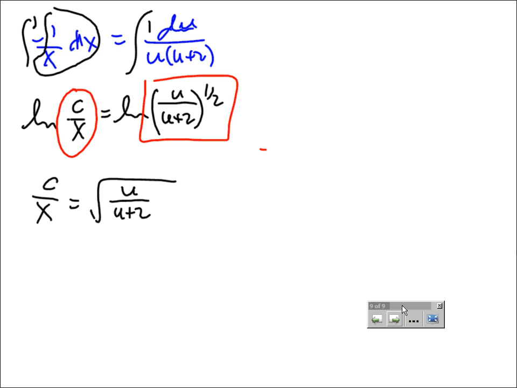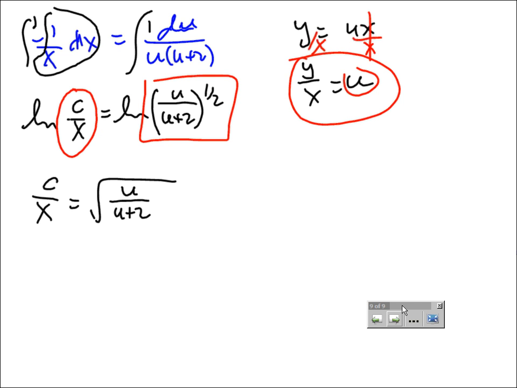What is this u stuff? Well, we said that y was ux. So y over x is u. So all I did was divide by x, and then I get u. So this becomes y over x over y over x plus 2, the square root of that.